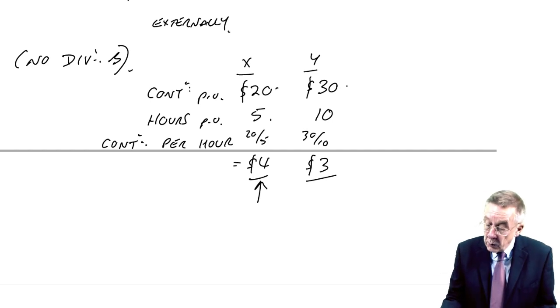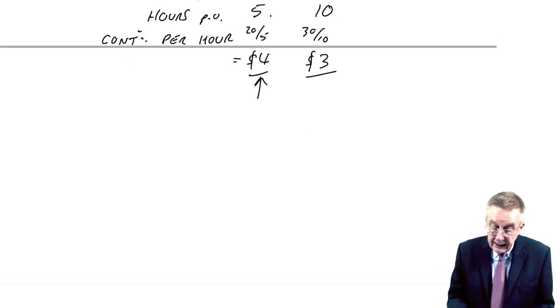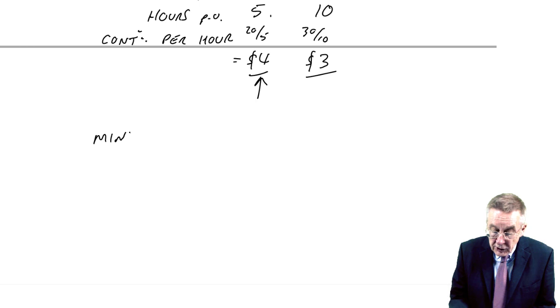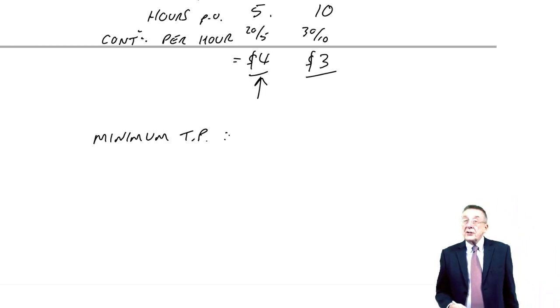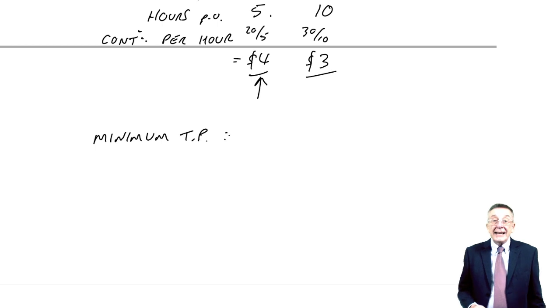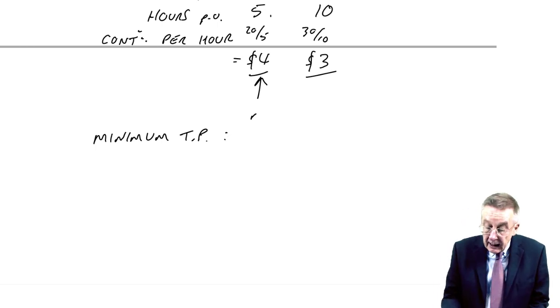We will produce Y and sell to the other division, but the minimum transfer price we'll charge: well, first of all, you won't sell Y to anybody for a price less than the marginal cost.